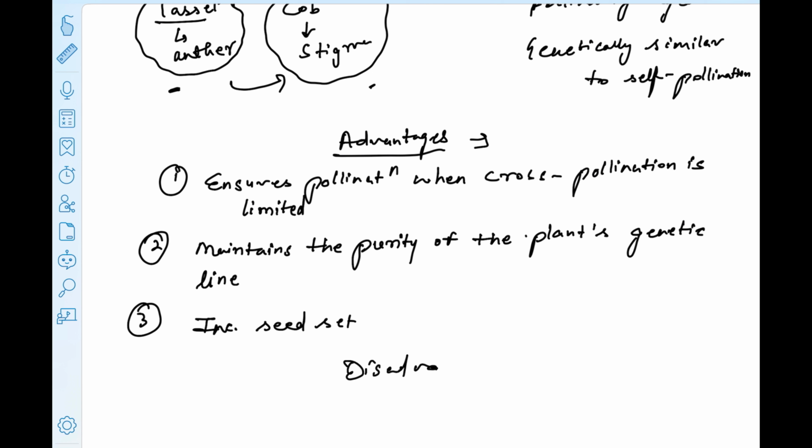And what are the disadvantages? No genetic variation, right? And adaptability is limited. It still needs pollinating agents, unlike autogamy.